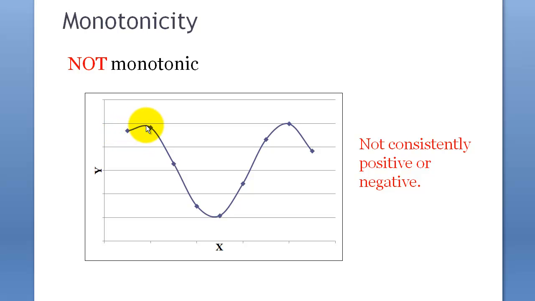It's positive, negative, positive, and negative, so it's not consistently positive or negative. And it happens, like reaction time is usually like this. So you can't use that. You're going to have to look at the scatter plot before you decide if you can use Pearson correlation or Spearman correlation. You have to look at that first.